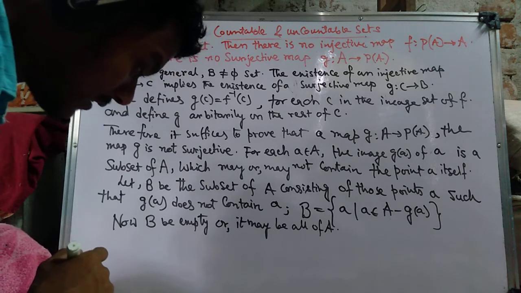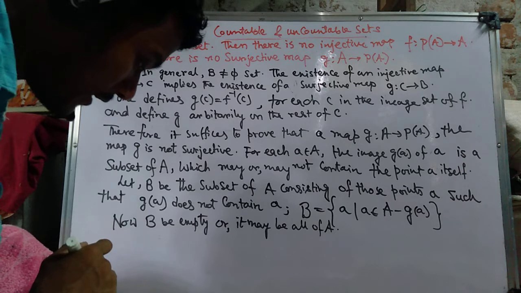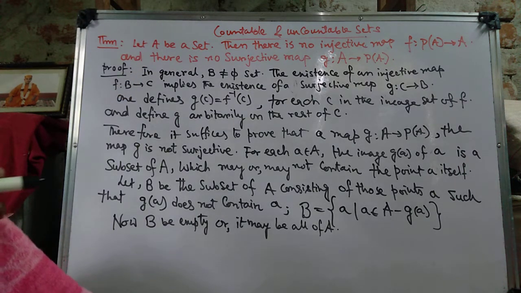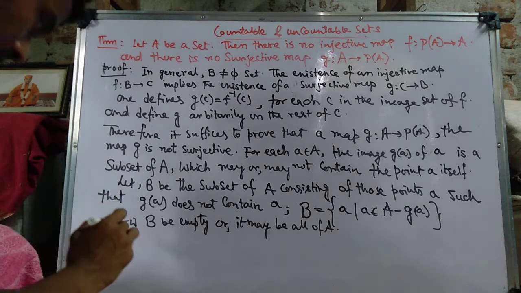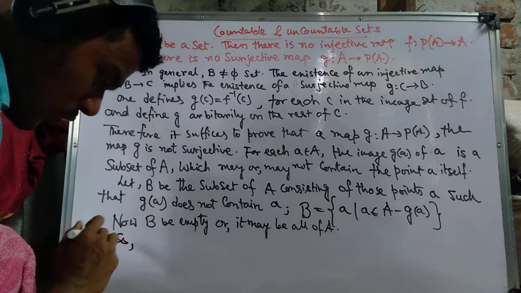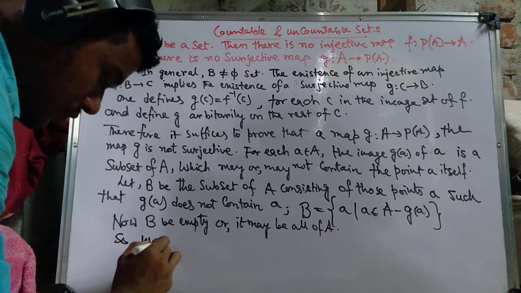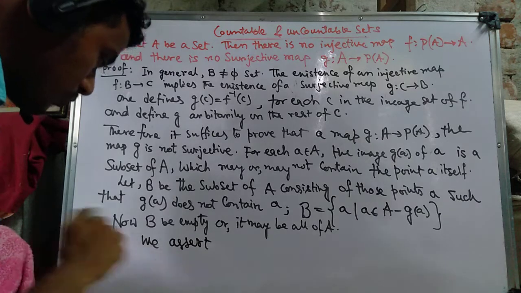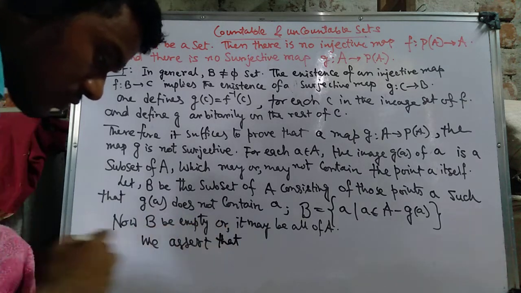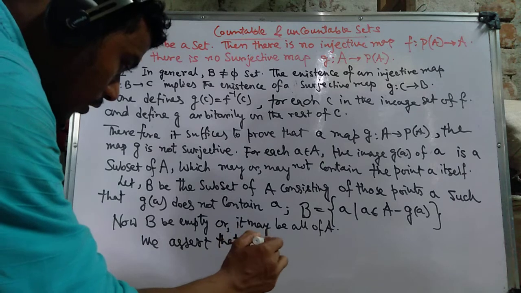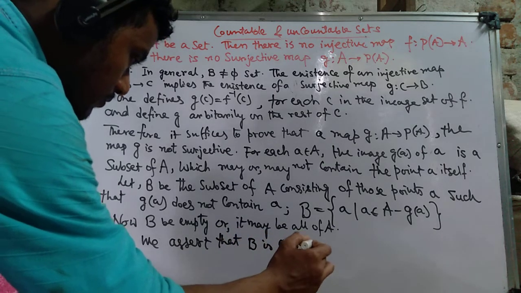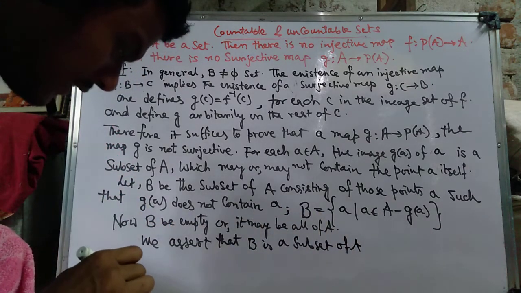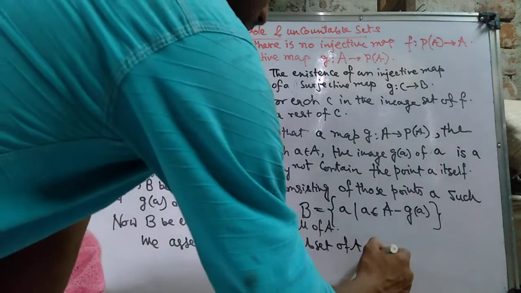We assert that B is a subset of A that does not lie in the image of g.